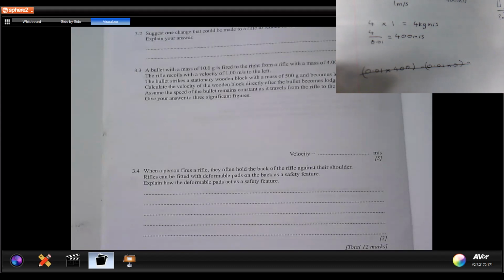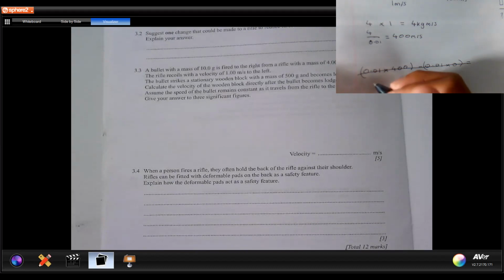So you're looking at what is the momentum firstly before the collision and the momentum after the collision. So we know the momentum before the collision is 400 meters per second.